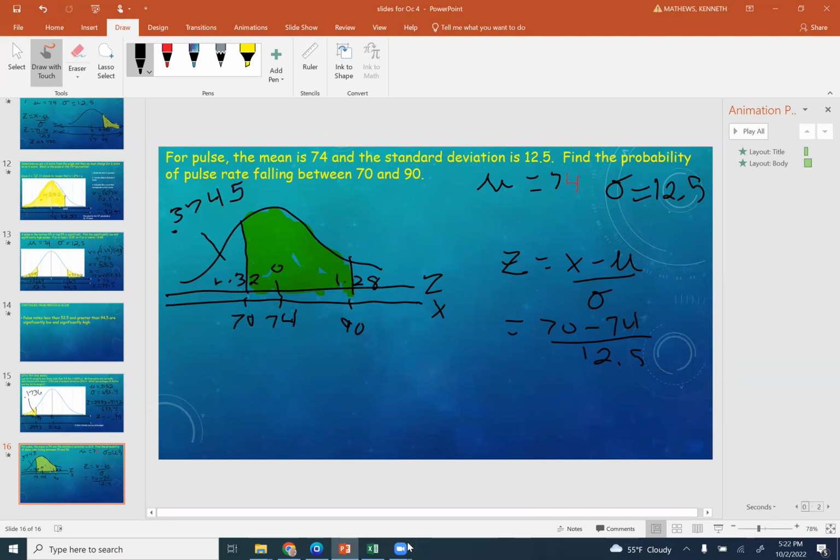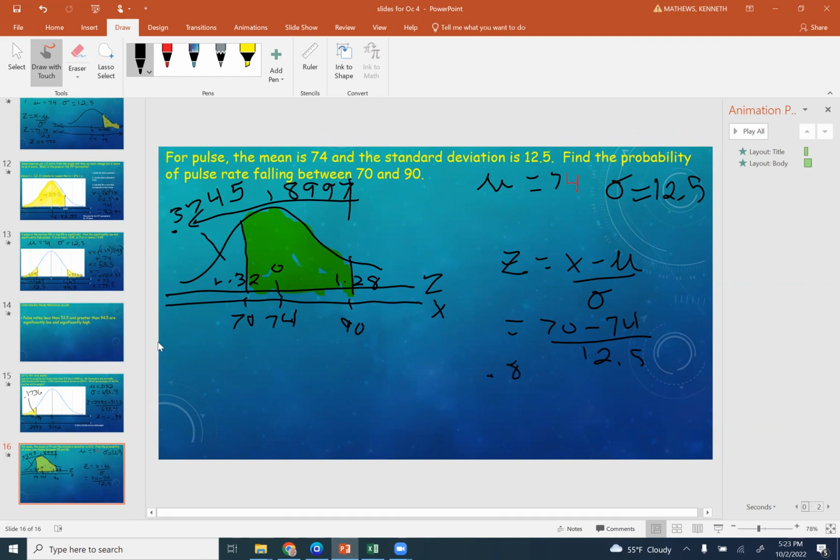And now if I do 1.28 on my chart, I get 0.8997. So that means this whole area is 0.8997. So the shaded area is going to be 0.8997 minus the 0.3745.